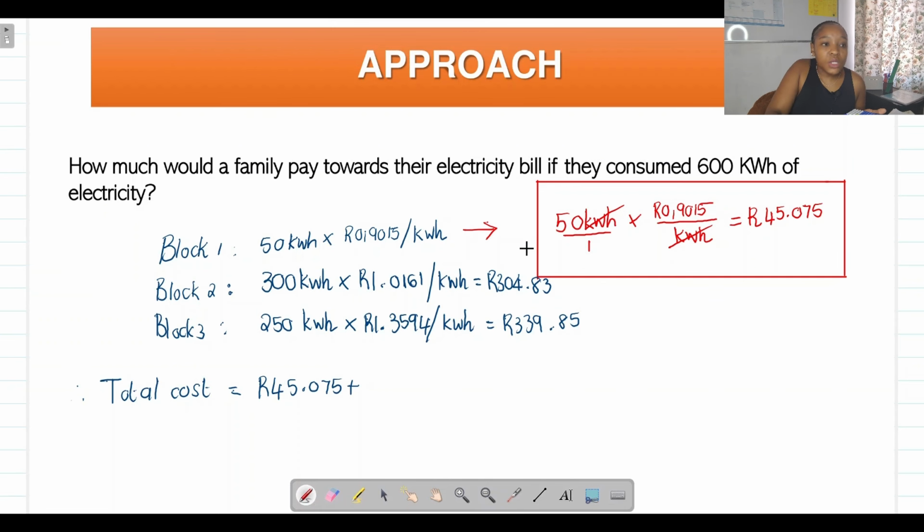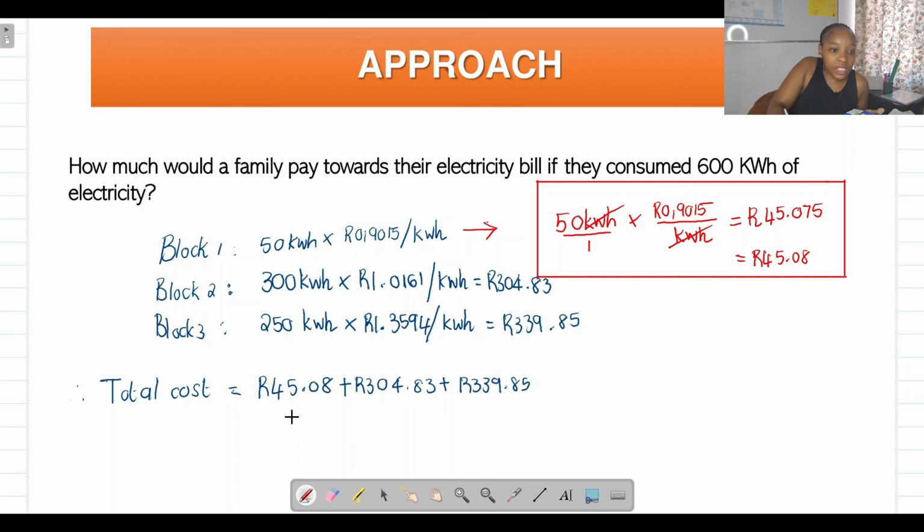Because these two are in 2 decimal places, I'm just going to also round this off to 2 decimal places. So it's going to be 45.08. Okay, so I'm now adding all these values together to get what the total electricity tariff is going to be. So 45.08 plus 304.83 plus 339.85.